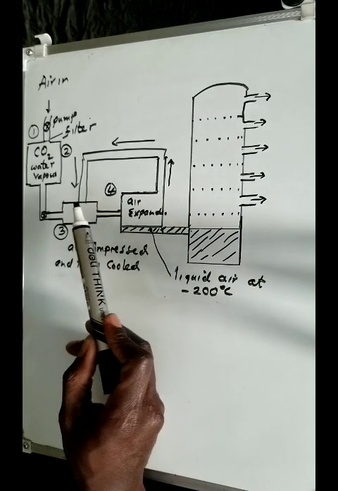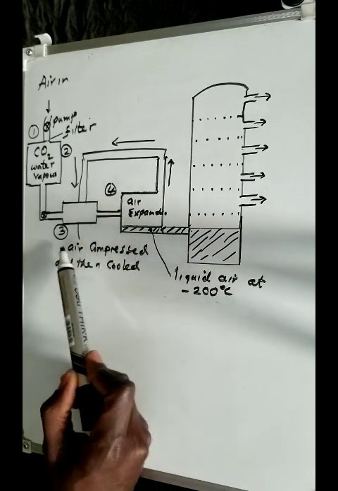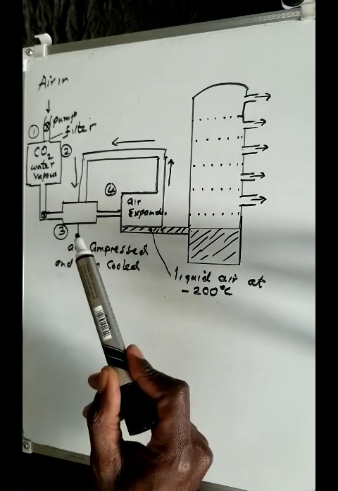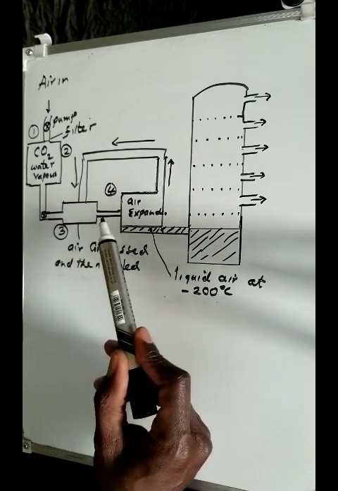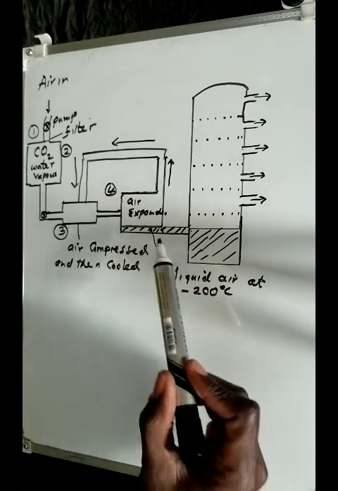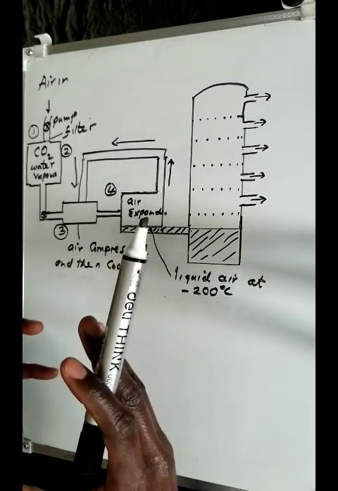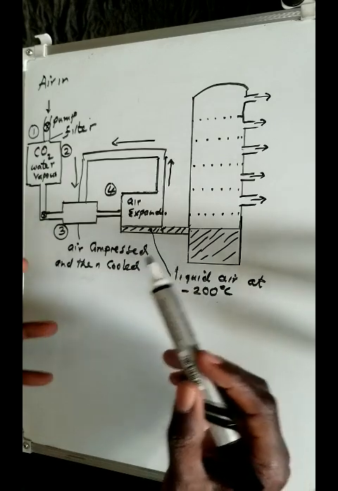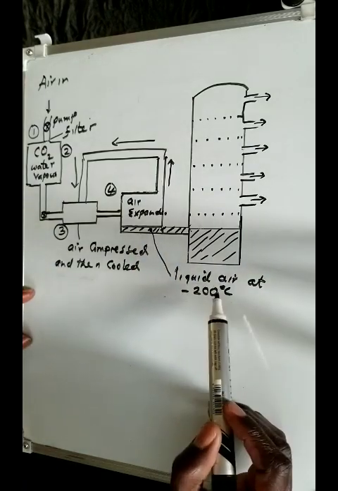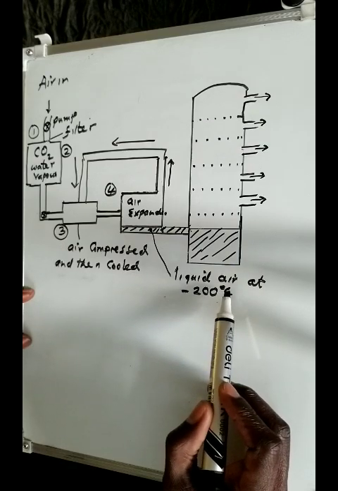Like I said, stage 3 and 4, where the air is compressed and then cooled, is repeated several times. When it is repeated several times, the air gets colder each time, and hence the temperature of the air reduces, and as it reduces, it changes into a liquid at -200 degrees Celsius.